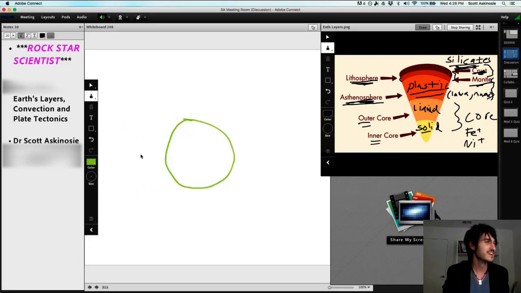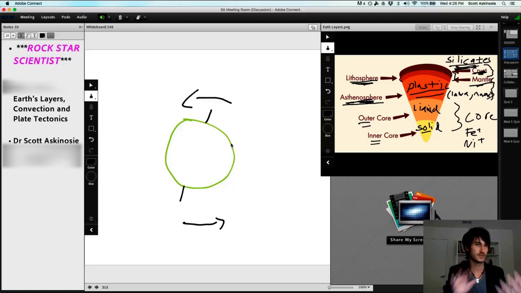But so the Earth is tilted, and it rotates on its axis. So the Earth actually rotates this direction. So it goes this way. And that's why the sun appears to rise in the east and then set in the west.